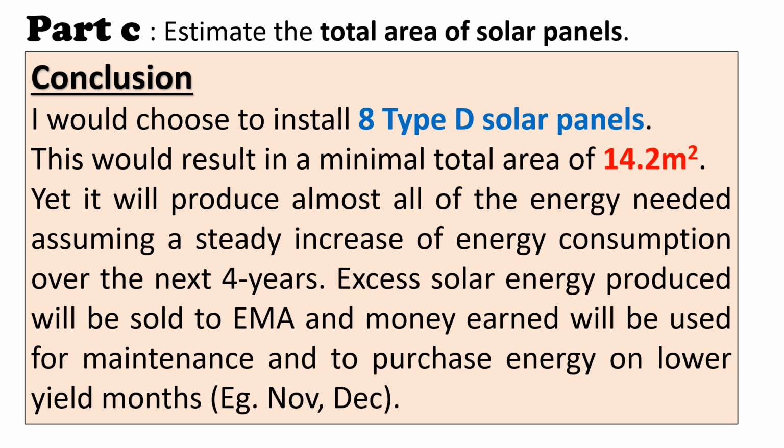Lastly, as an added bonus, any excess electricity that he produces can be sold back to the Energy Market Authority in Singapore, and the money that he earns can be used for the maintenance of his solar panels, as well as to purchase energy during the lower yield months like in November and December during the monsoon season.